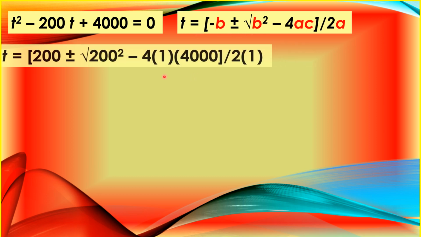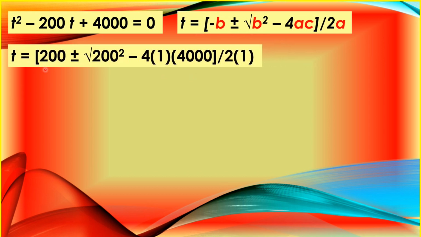So our derived quadratic equation for determining the elapsed time t: t squared minus 200t plus 4,000 equals 0. And using the quadratic formula, when we substitute, t will be equal to 200 plus or minus the square root of 200 squared minus 4 times 1 times 4,000, and then all of the quantities will be divided by 2 times 1, or 2.